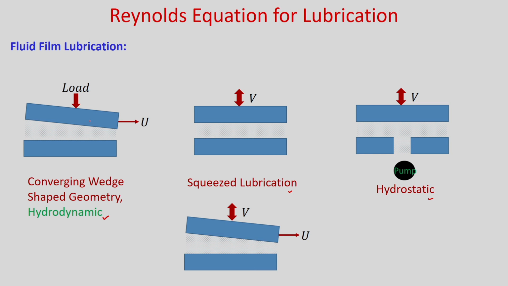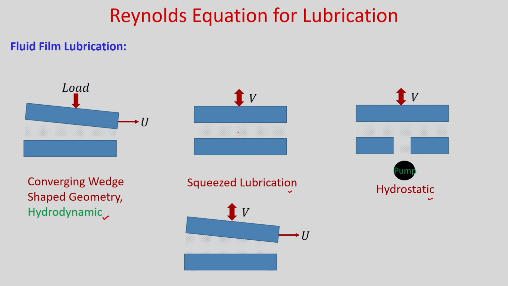So, obviously, there will be normal stresses as well as the shear stresses, and between these two surfaces there is lubricant. In squeezed lubrication there is no tangential motion, only there is a normal motion of these surfaces and inside you have the lubricant.